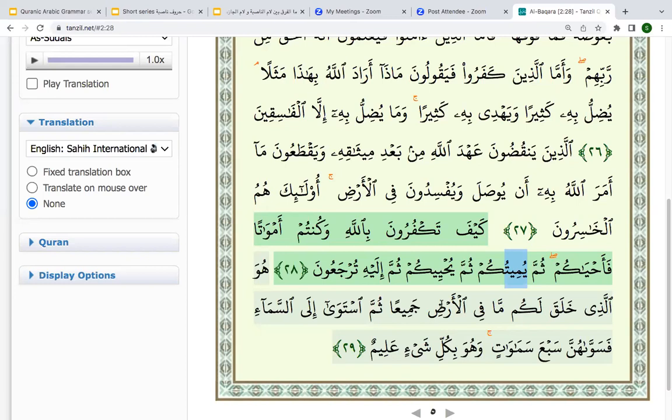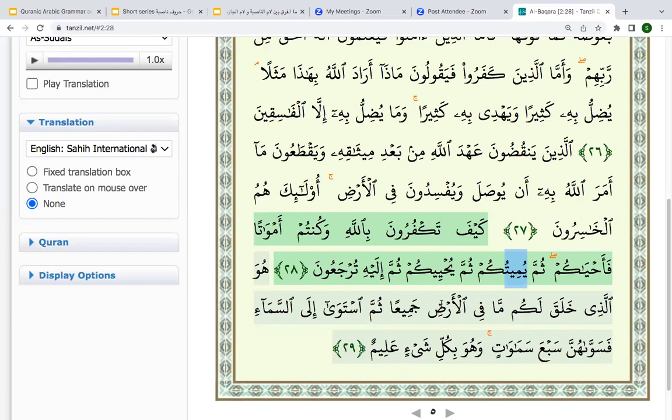Remember that, okay? Because that's how you learned it. A row of huruf that affect only one fi'l, and then the rest were asma and huruf that can affect two fi'ls simultaneously, like man, ma, mahma, ayna, mata, kayfa, right? So that is that.